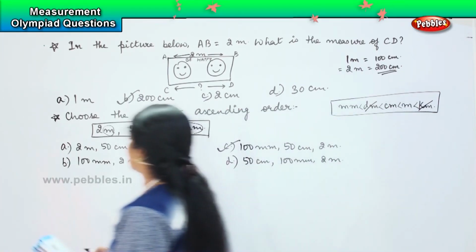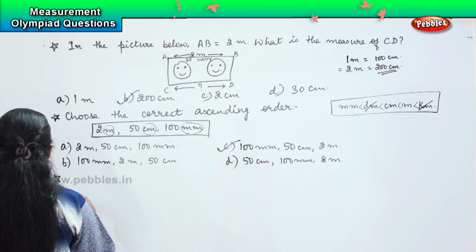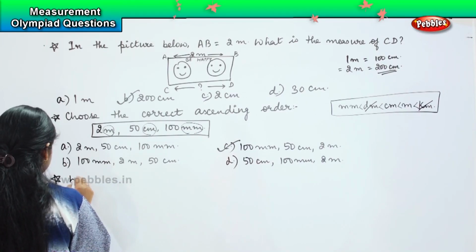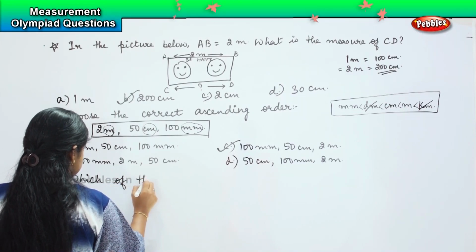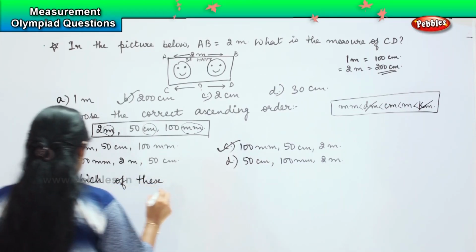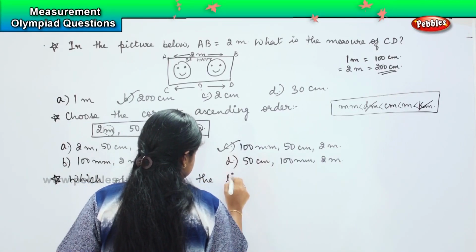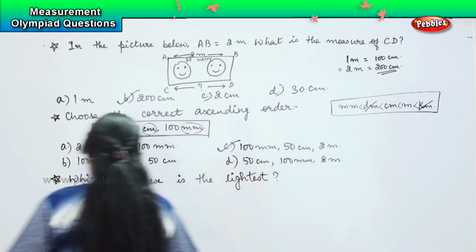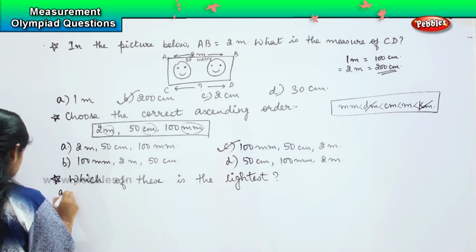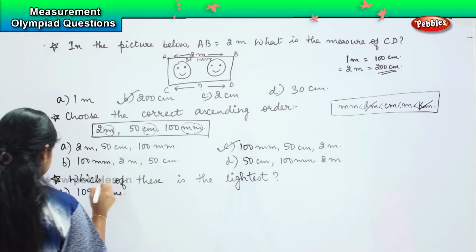So here is your next question. Which of these is the lightest? Your options are option A 1090 grams.